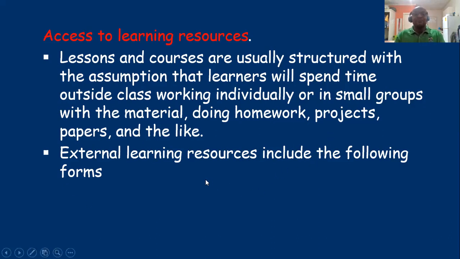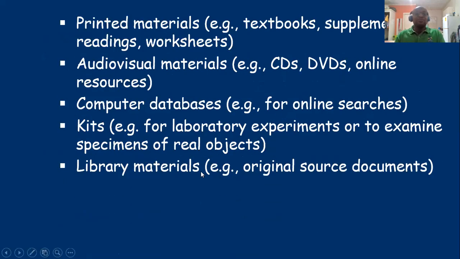Let's look at just a few of these external learning resources that may be available to the student. This may include printed materials, for example, textbooks, supplementary readings, worksheets. They include audio-visual materials like CDs, DVDs, and online resources. They include computer databases for online searches.